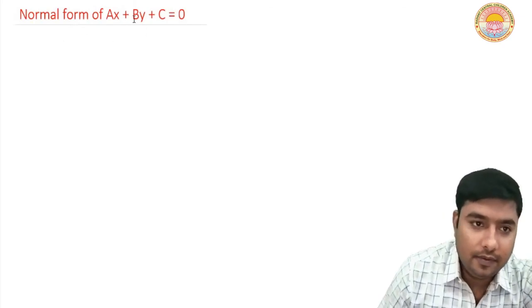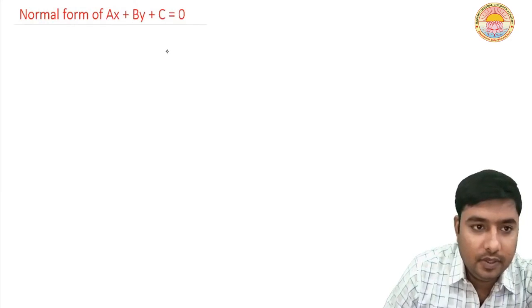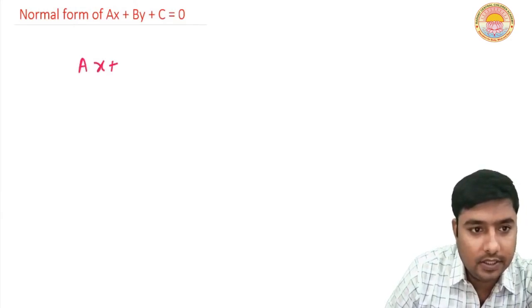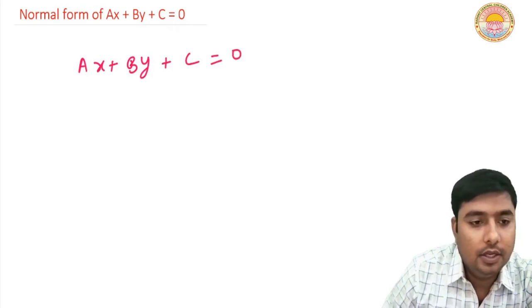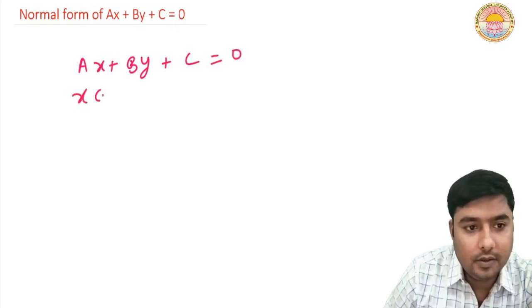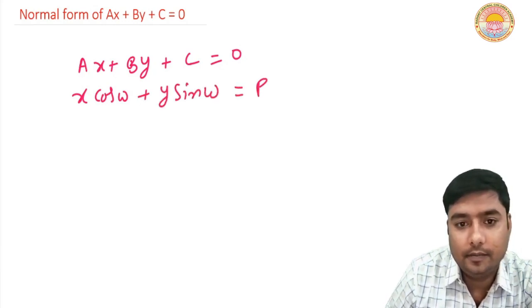Normal form of the general equation. We know the general equation is ax plus by plus c equals 0. The equation of the normal form is x cos omega plus y sin omega equals p.